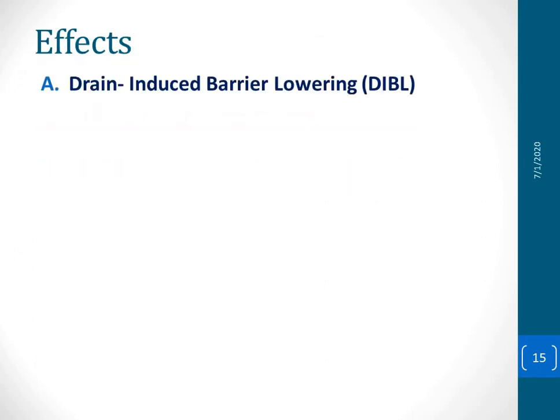So first is the drain induced barrier lowering. There is a potential barrier which is controlled by both VGS and VDS. You all know in the MOSFET structure it is NPN or PNP, N and P, and in between that there can also exist a potential barrier. That means between the channel and the source and between the channel and the drain a potential barrier exists.